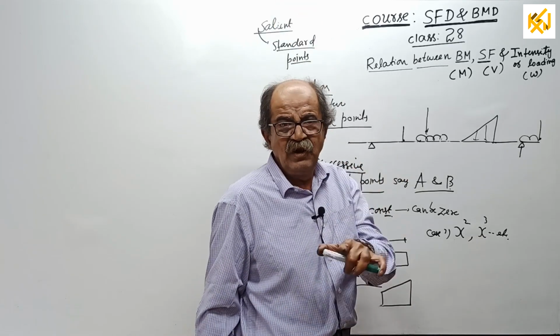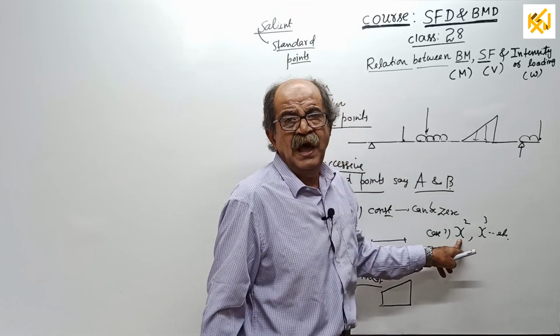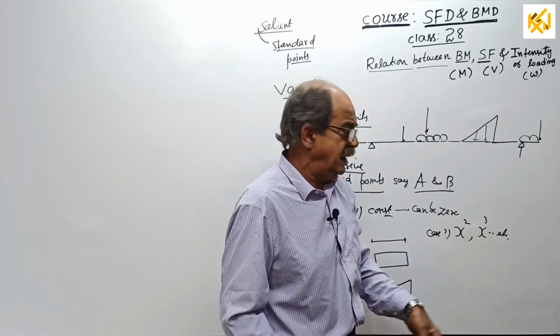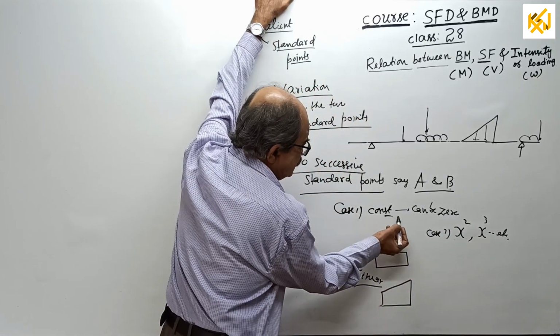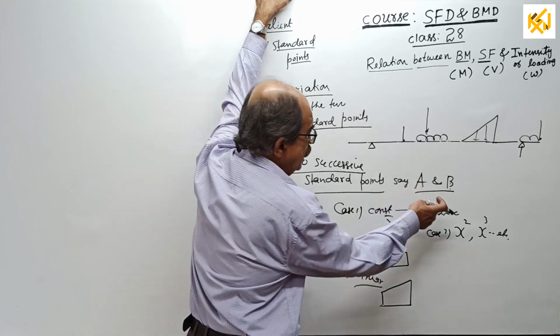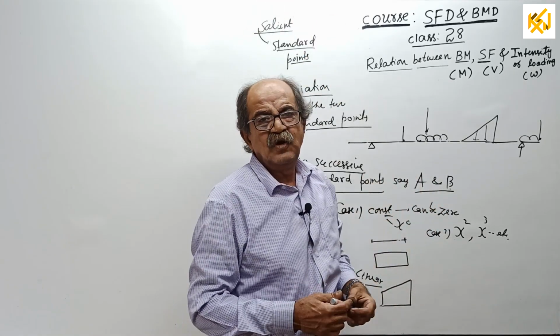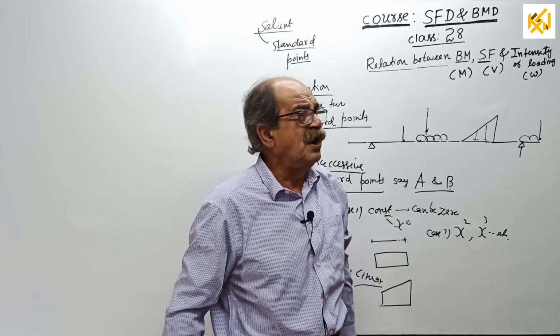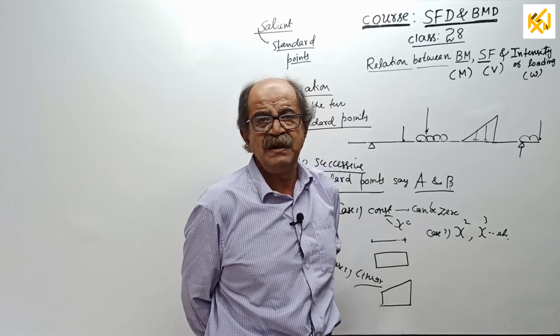There, the highest power of x will be 2 or 3. See, constant means x power 0, because anything power 0 is 1. As for zero, I can't tell anything.